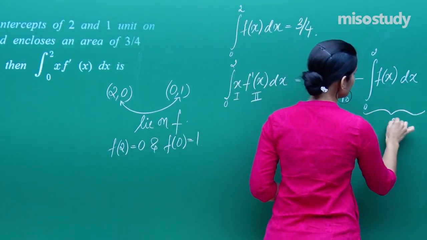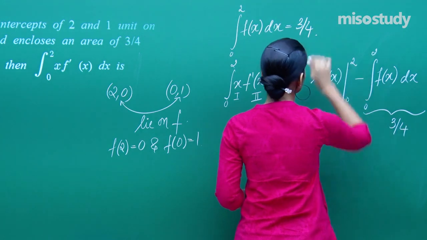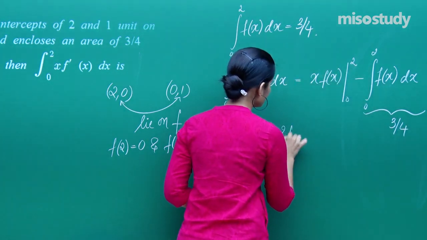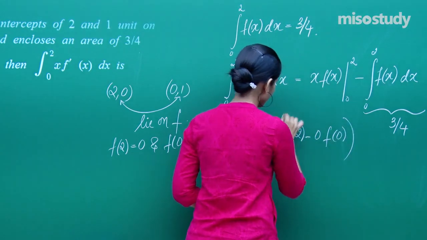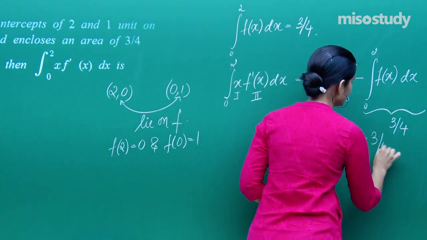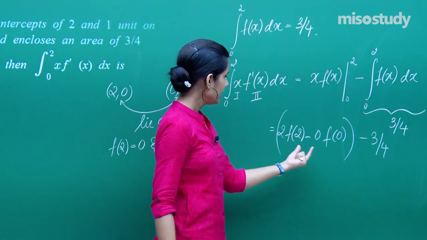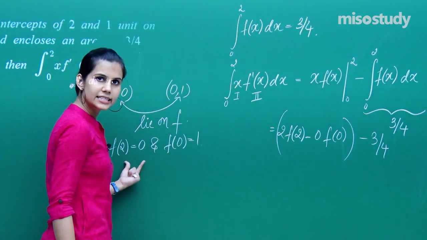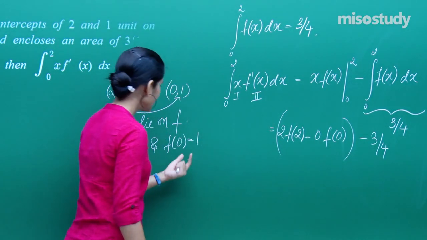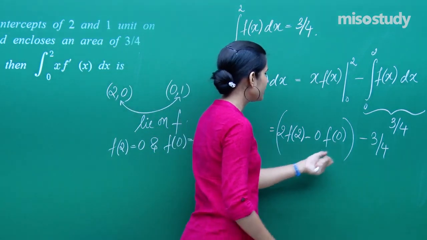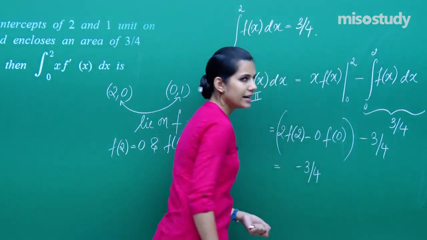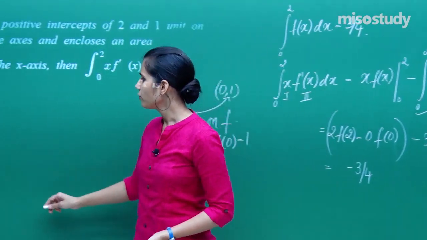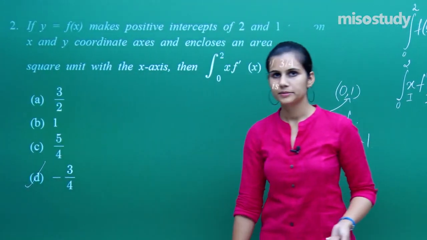This term is given to you as 3 by 4 above. What is this? This is 2 into f of 2 minus 0 into f of 0, minus 3 by 4. F of 2 is 0, f of 0 is 1. You get 2 into 0 minus 0 into 1, which is 0. 0 minus 3 by 4 is minus 3 by 4, and therefore your answer is this.